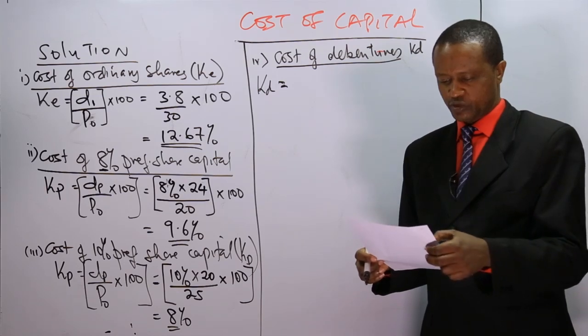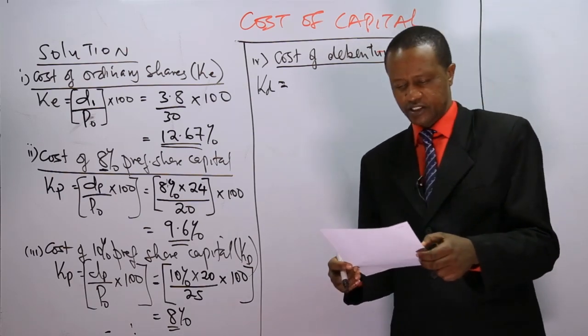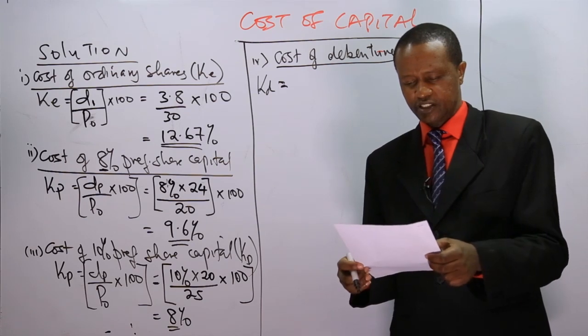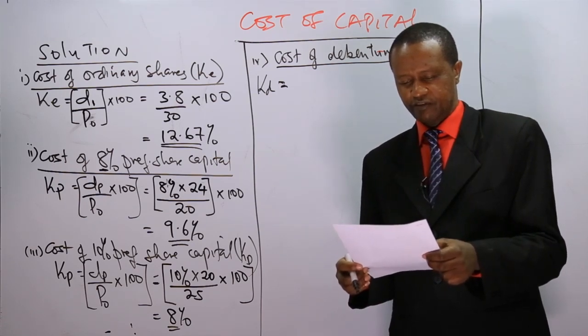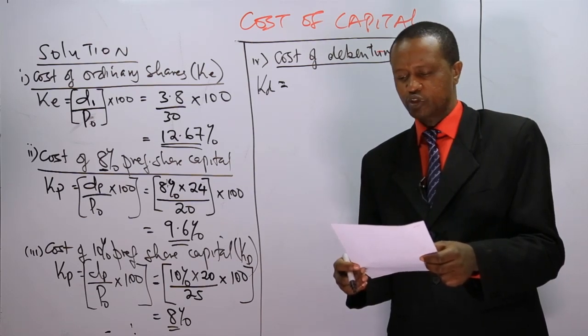And the only information we have here, we are told that 10% debentures amounted to 400,000. That is the par value. Then the other information provided as far as debentures is concerned is that the market value of the 10% debenture on 31st December 2016 was 500,000.